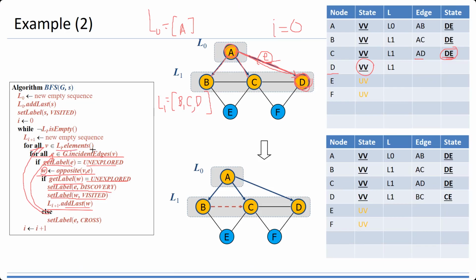V is an element of L0, and in L0 we have only A, so we have finished all the elements in L0. Then we go to I equals I plus 1, so I will be increased by 1. Now I equals 1.